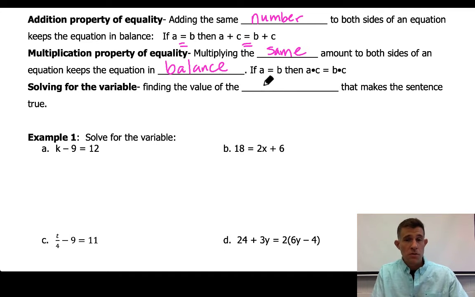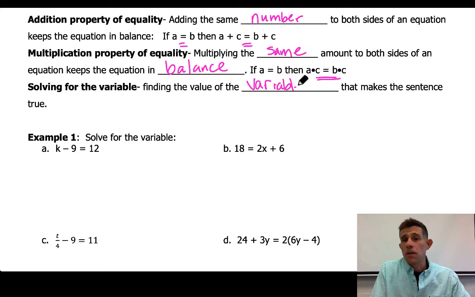So, in other words, if two things start off being equal to each other, like A and B, and I multiply the same amount to both A and B, then they are going to remain equal to each other. Now, when I want to solve for a variable, this means I want to find the value of the variable that makes that statement or that sentence true.